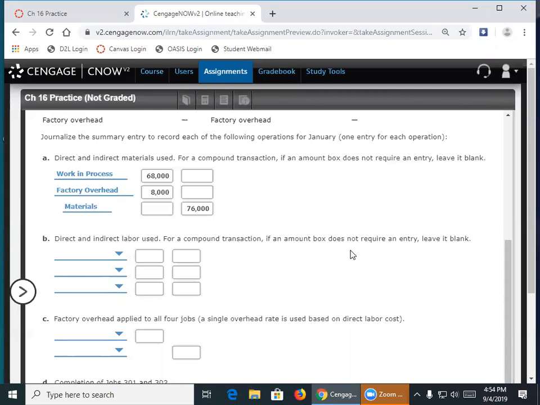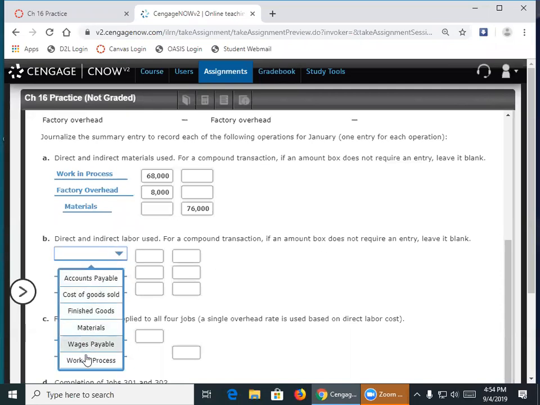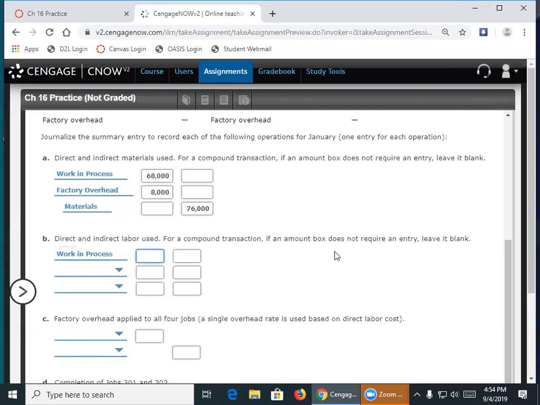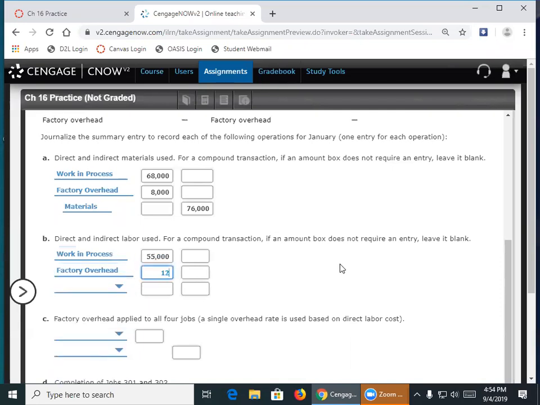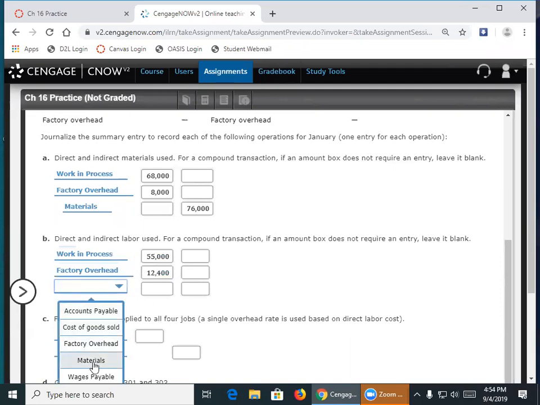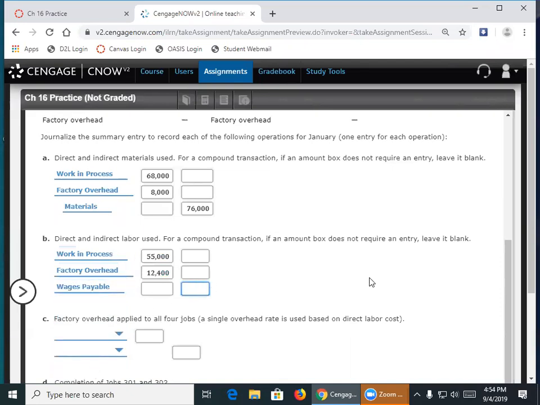So it's kind of the same format. We have work in process for direct labor of 55,000. And then we debit factory overhead for the actual cost of indirect labor, the 12,400. And since that's all labor that we owe our employees, we credit wages payable 67,400.